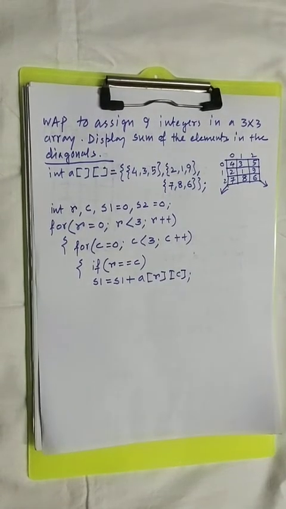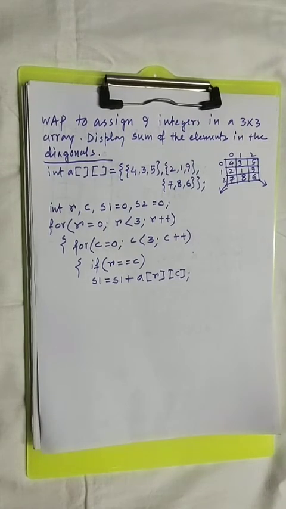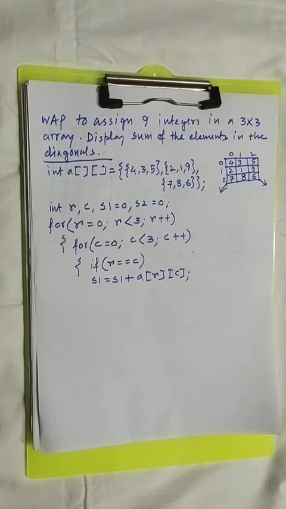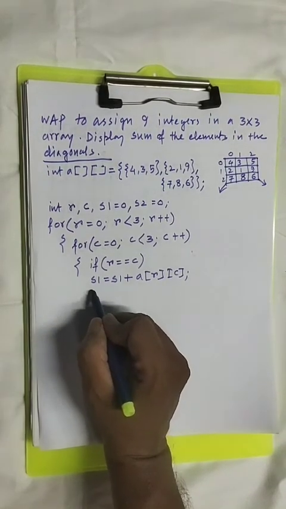And when we get the right diagonal, see the positions of the right diagonal: 0, 2, 1, 1, 2, 0. Now the row number and column number are not equal. Now how to do that? I have one logic.